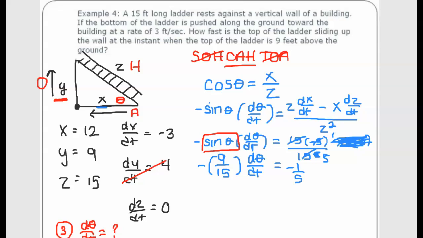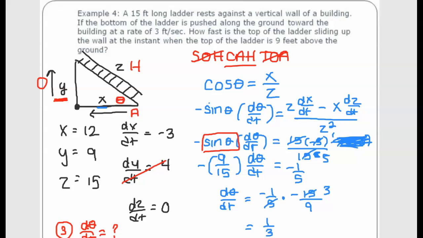So I can solve for d theta/dt by multiplying both sides by the reciprocal. So you get negative 1/5 times negative 15 over 9. Two negatives make a positive, and you get positive 3/9, which becomes 1/3.